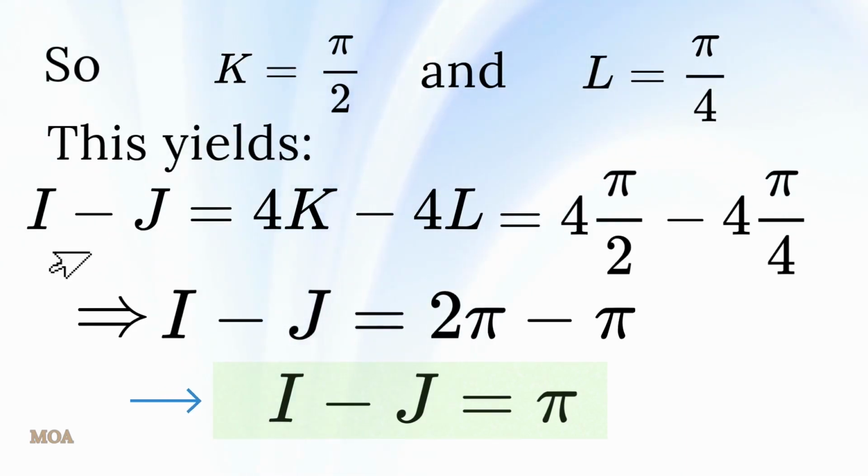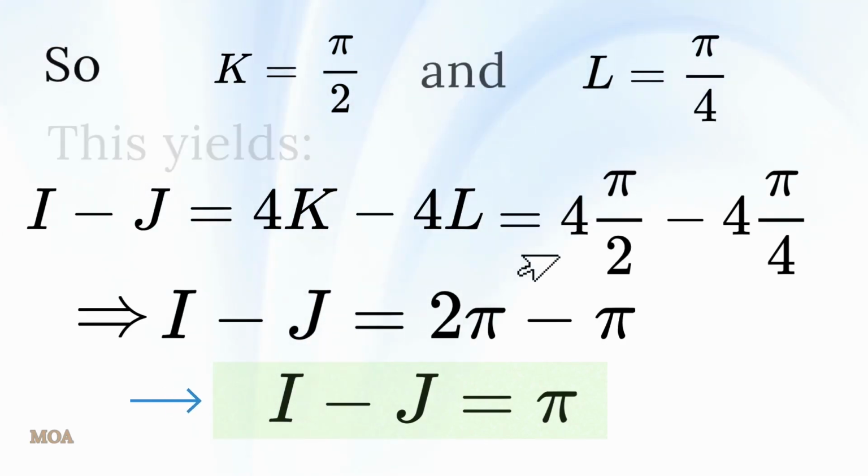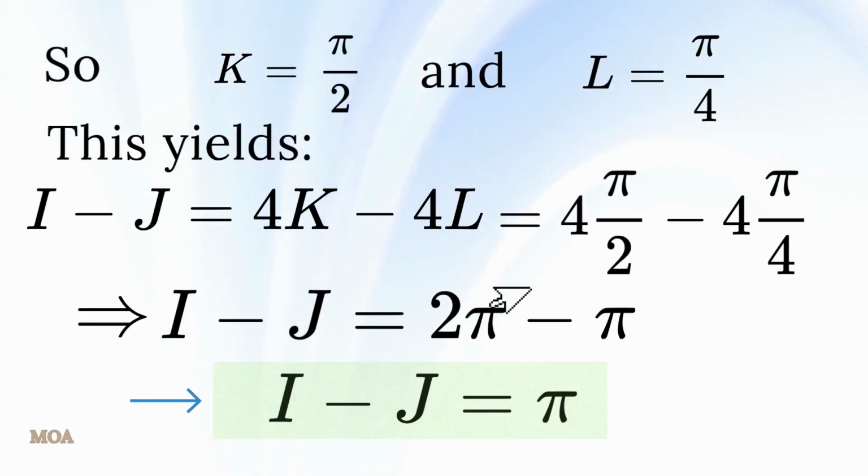Substituting these values into the expression, I minus J equals 4K minus 4L yields 4 times pi over 2 minus 4 times pi over 4. This simplifies to 2 pi minus pi, resulting in pi.